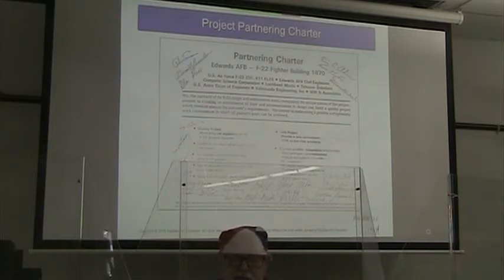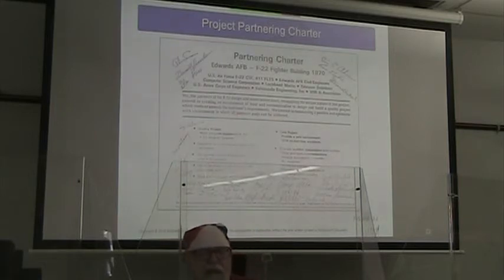Okay, and they list some of the things that it will be a quality project, complete on schedule and within cost, incorporate lessons learned from other F-22 projects, create an environment for a fair and reasonable profit, create an enjoyable work environment.